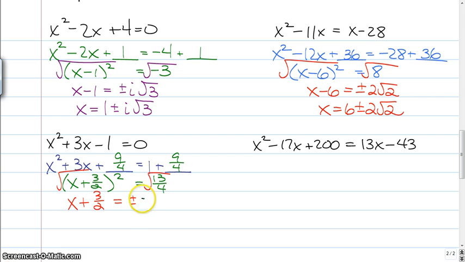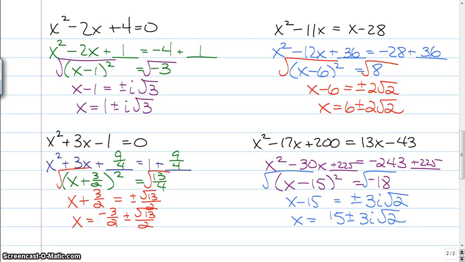So this is plus or minus root 13 over 2. Subtract 3/2 from both sides, and your final answer is x is equal to negative 3/2 plus or minus the square root of 13 over 2, and you're done. It's a fraction, so what? Your calculator will do it for you. As long as you know the process, you will be fine. So you go try that last one all on your own, start to finish.